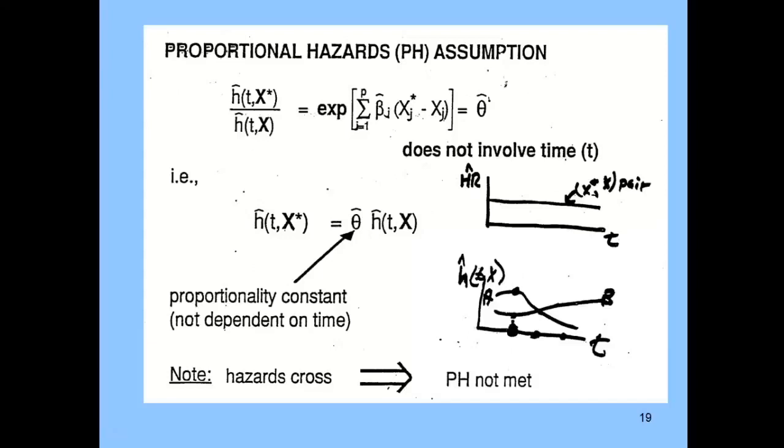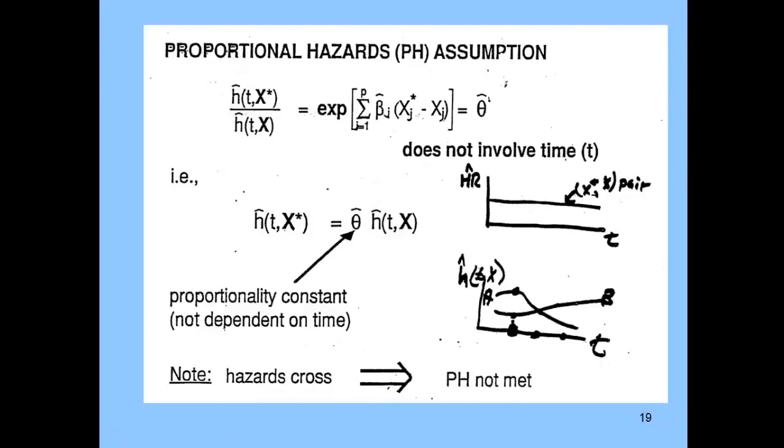And this is another way of saying that you can get one hazard from the other hazard by only multiplying it by some number that has nothing to do with time. That's why theta hat here is often referred to as a proportionality constant. And that's why it's called the proportional hazards model: one hazard is proportional to the other, in that you can get one from the other by multiplying it, and you don't have to worry about time.